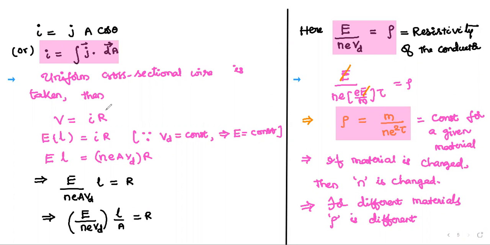And you see there what equation you finally get from here. This whole thing is rho. So R equals rho L by A in the next page.